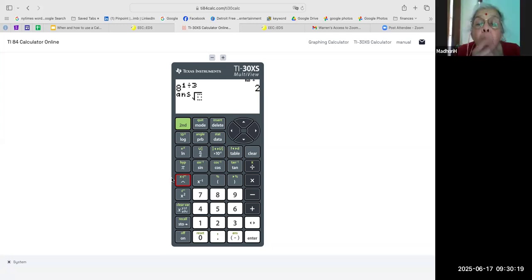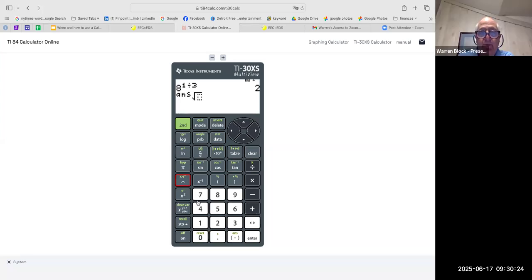No, I didn't get the first line even, I'm sorry. So right now I've pressed the second cube root of. But now I'm not doing the cube root, I'm doing the square root because my answer is 2.